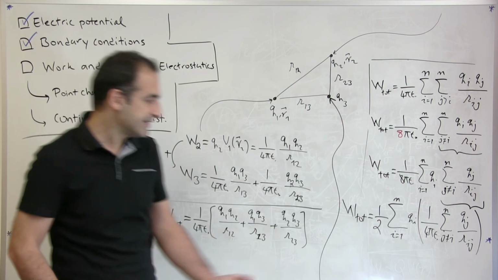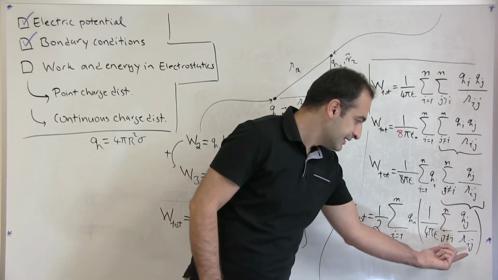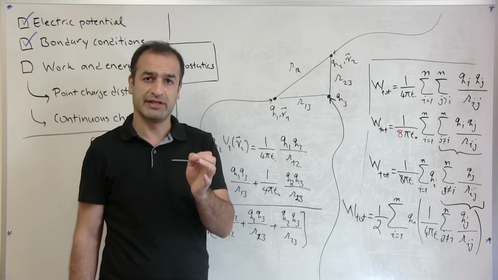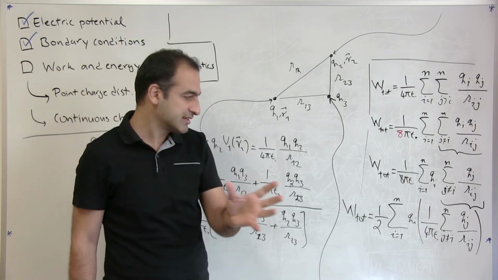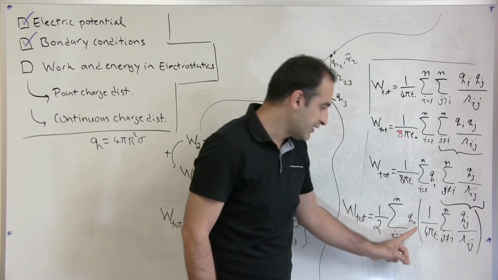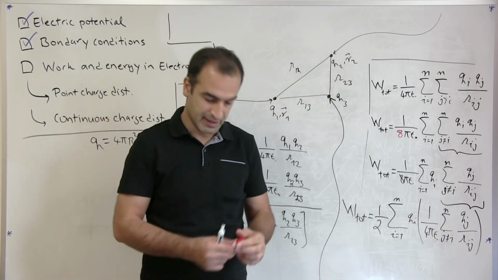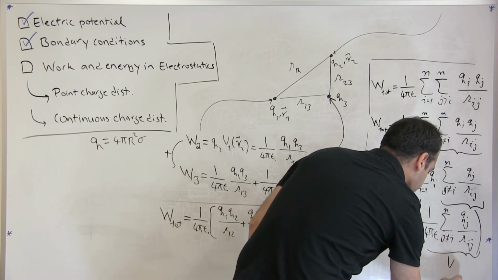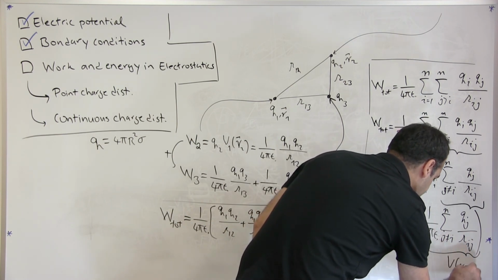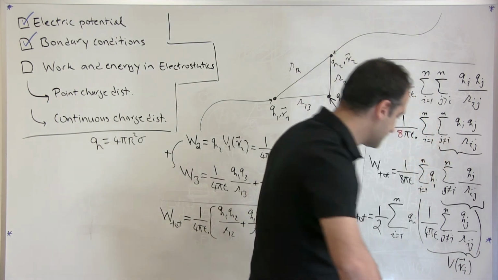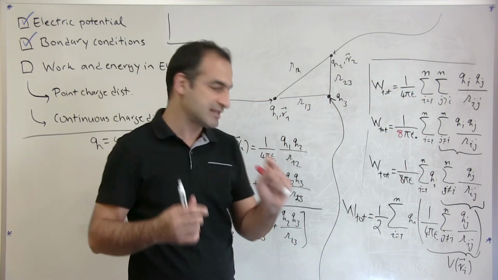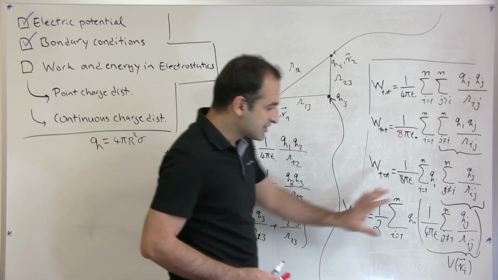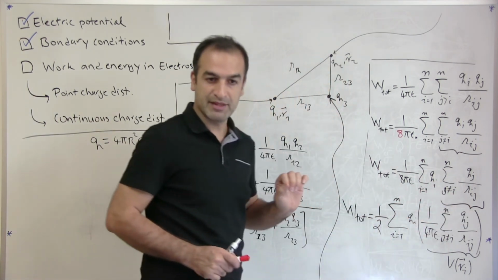And if you look at this parentheses here, this is exactly the electric potential created by all other charges at the position of the q_i. And this can be written very simply: electric potential at the position of r_i, created by all charges except the charge sitting at the position i. Okay, so I'm going to stop here.